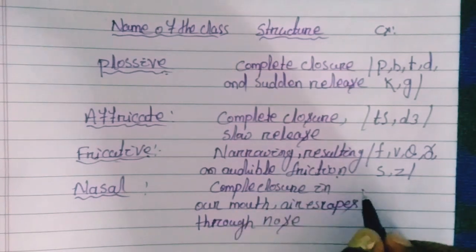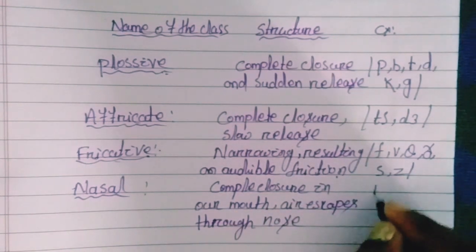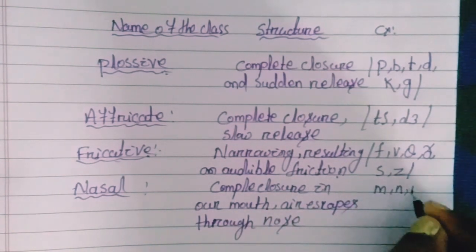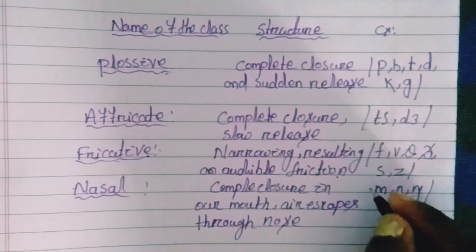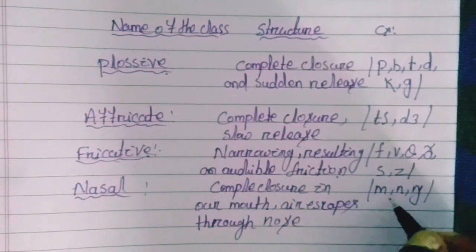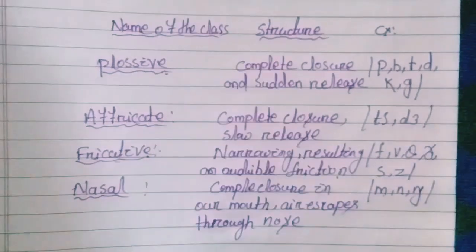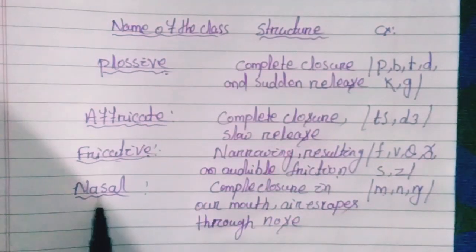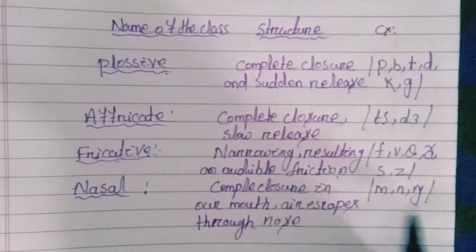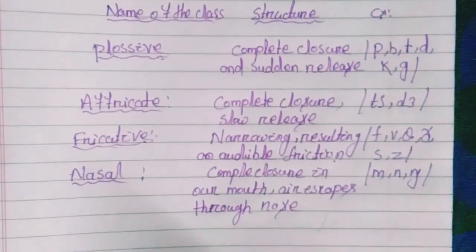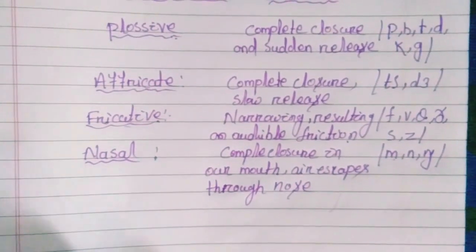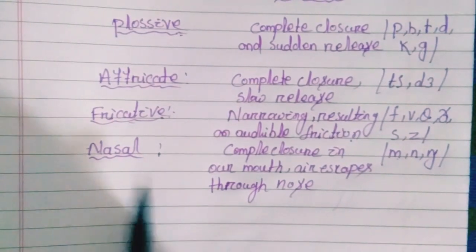And the examples of nasal sounds in English are mo sound, no sound, and go sound. When you pronounce these sounds, you can understand how these sounds are nasal, and during the production of this sound, the oral cavity is totally closed, and the sound is produced through the nose.